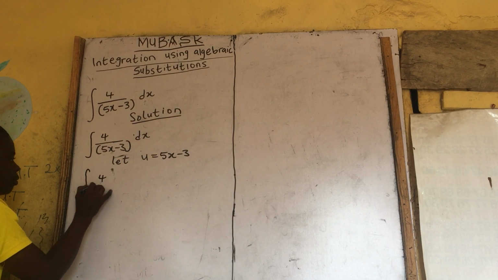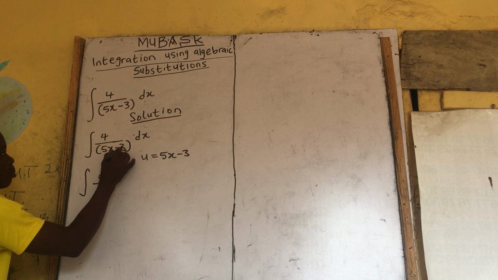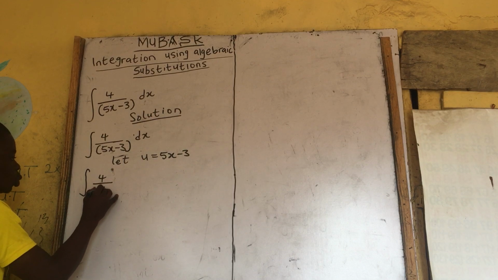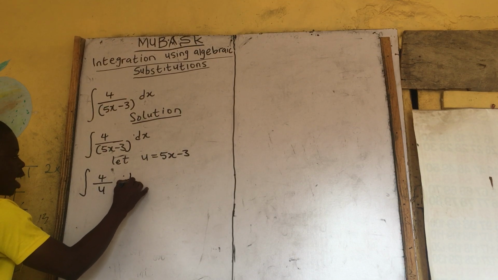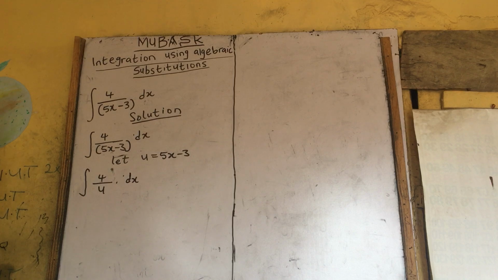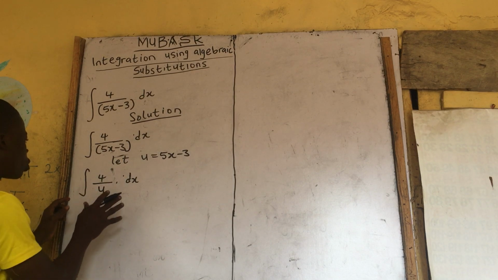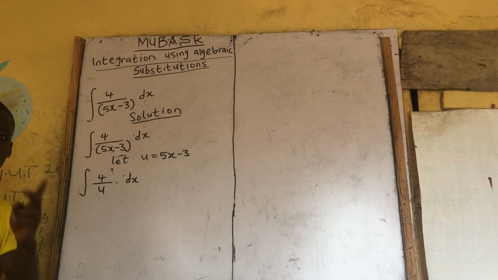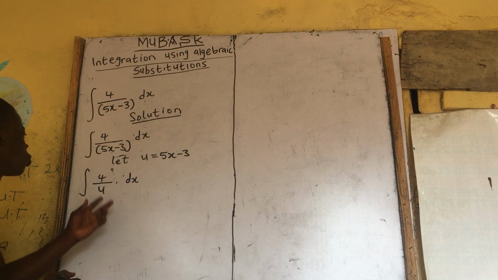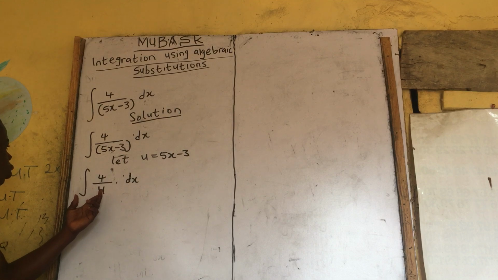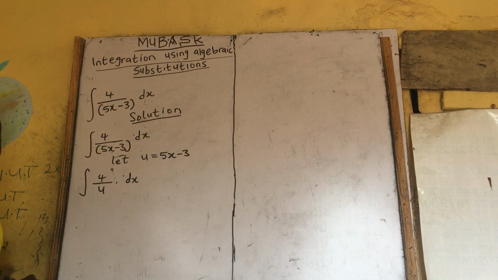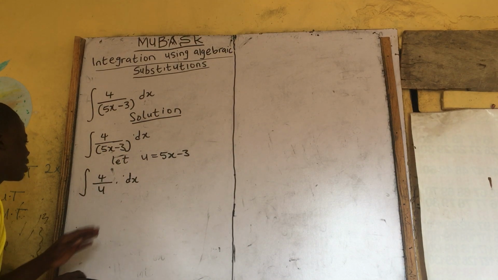Integral 4 divided by u times dx. And also, if you look at it again, we cannot integrate like this because we are given two variables, which are u and x.